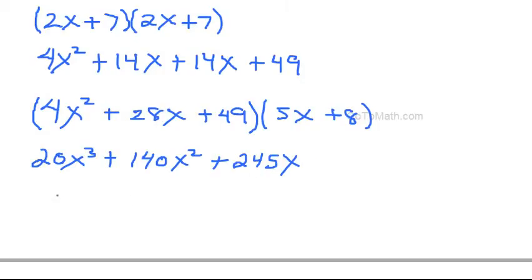Alright, so let's now do this one here. 4x squared times 8, and 4 times 8 is 32x squared. We have 28x times 8, and 28 times 8 is going to be 224x, and then we have 49 times 8, and that's going to be 392.